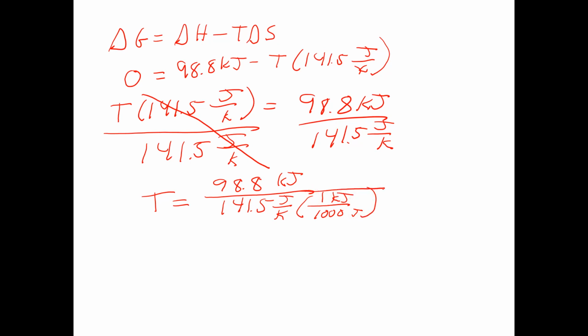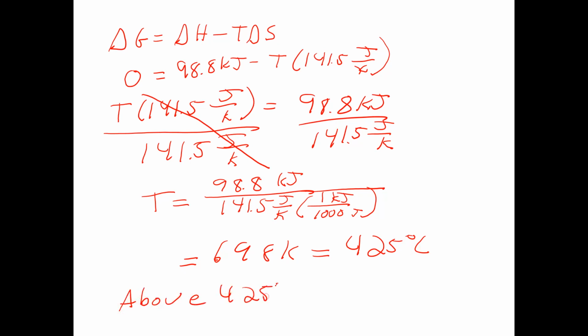So if I take 98.8 and divide that by 141.5 divided by 1,000, that comes out to 698 Kelvin, or if I convert that to Celsius, 425 degrees Celsius. So the reaction would become spontaneous above 425 degrees Celsius.